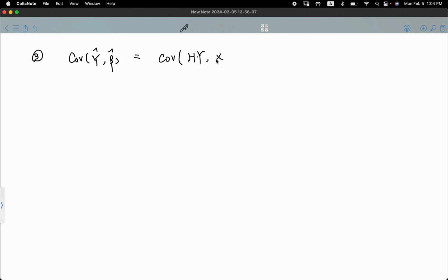And here I'm going to use X transpose X inverse X transpose y. Let's further bring H to the front, with sigma square identity.